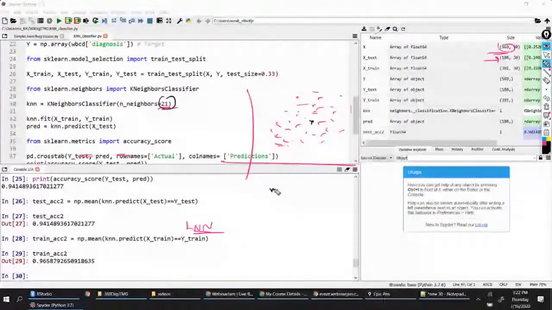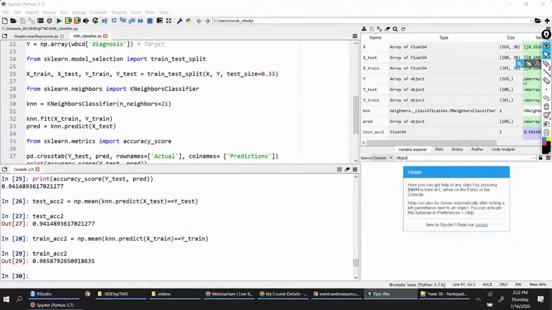Based on the majority, we classify whether that new record should belong to the benign class or the malignant class. Is this clear, friends? Are you able to understand this logic?